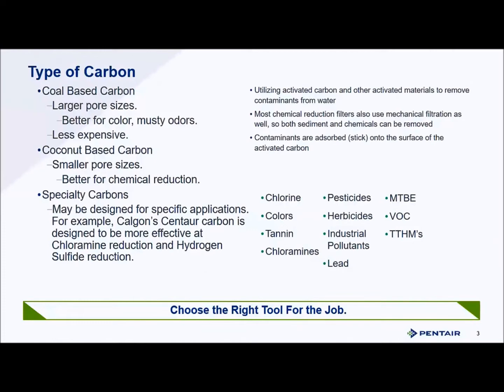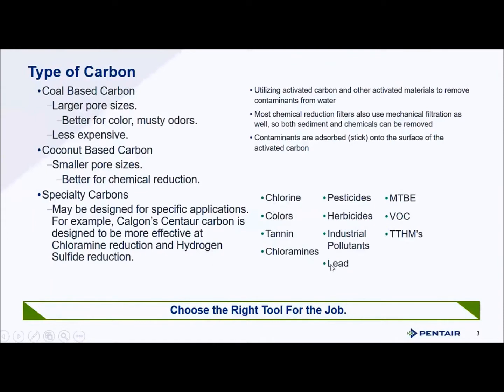There are lots of different ways that activated carbon does remove compounds, but these are just a small list of the different compounds they're designed to remove. They convert chlorine into chloride. You're able to remove colors, tannins, chloramines, pesticides, herbicides, industrial pollutants.